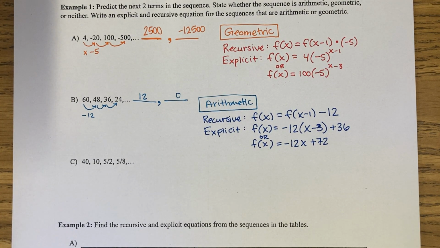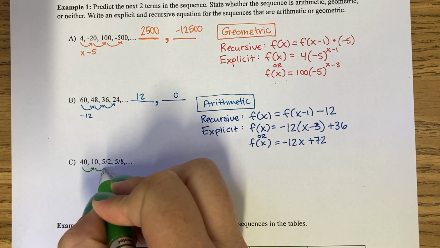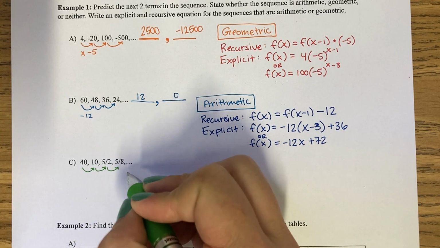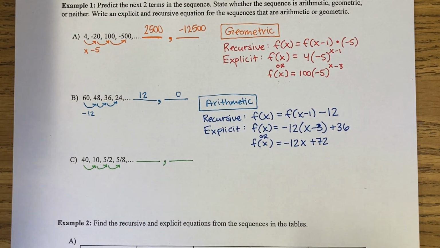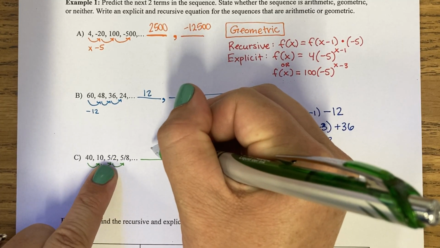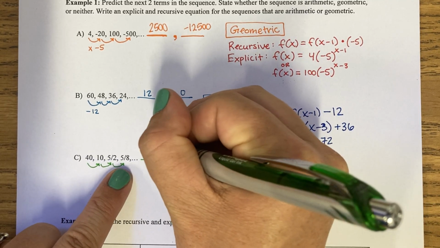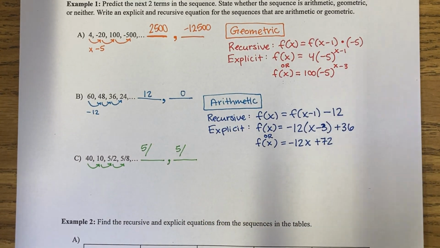Question C, we are looking for a pattern. Okay, pattern. 40 to 10, 5 over 2, 5 over 8. Okay, some of you might hate fractions. I love these ones. See how the pattern's 5 over, 5 over? 5 will definitely be on top.